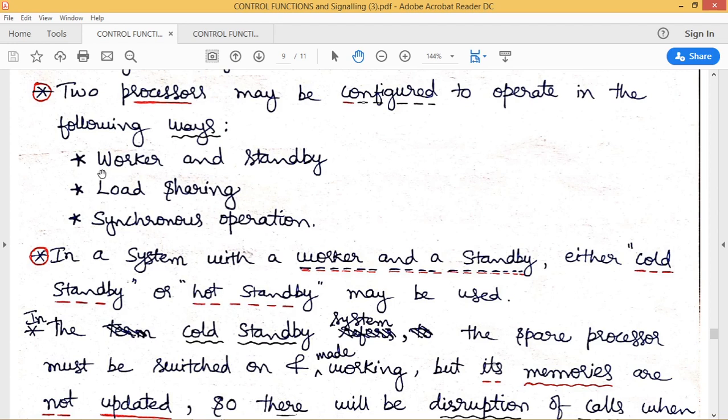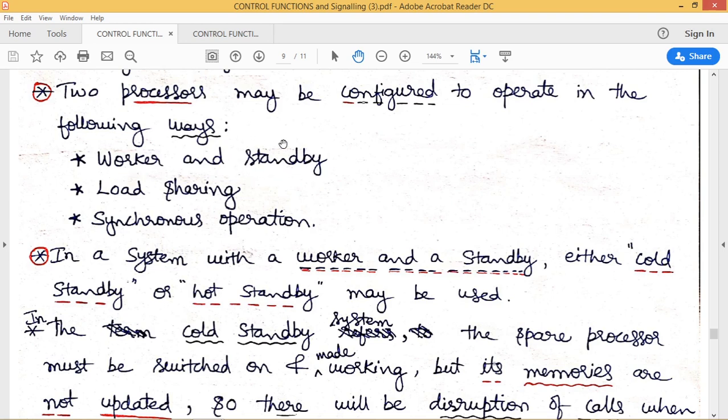It is clear that one processor will be working and the other will not be operating. The second processor starts operating if the first processor stops operating, that is, if it fails. That's why the second processor is sometimes called the standby processor.